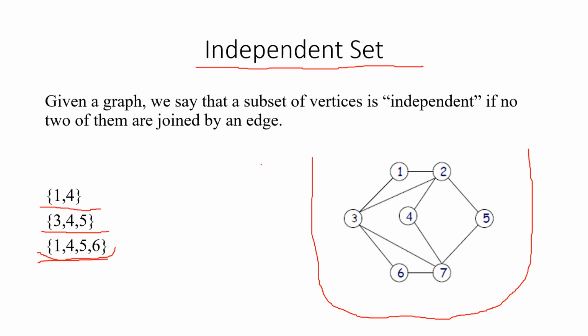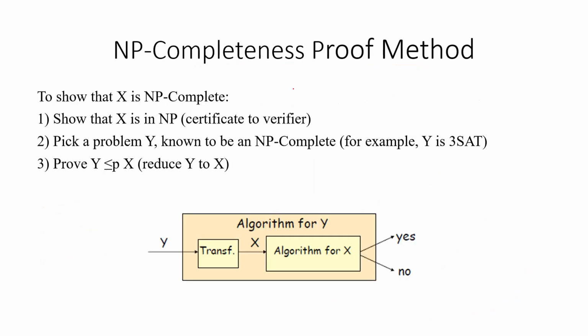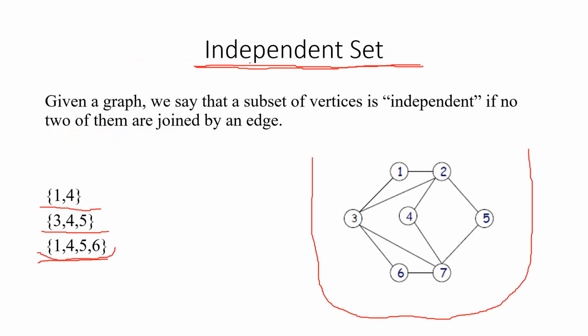So right now our goal is to prove that this problem is NP-complete. So how can we prove that? Again, a reminder: in order to show that some problem is NP-complete, we need to do the next steps. First, we need to show that this independent set is in NP.